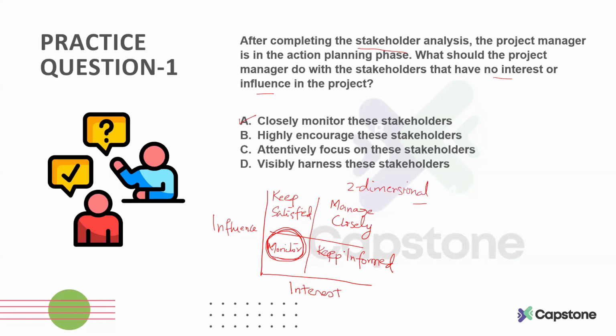We can call it the power interest grid, interest influence grid, or power influence grid. We can use any of these, but the classification of stakeholders will remain like this. If the interest is high and the influence is high, we need to manage them very closely, and the others are as we have just shown.